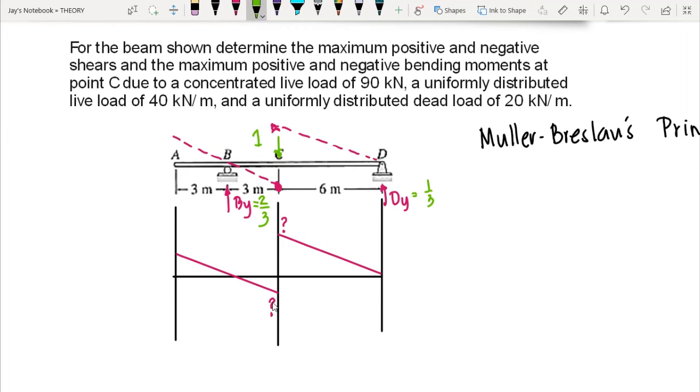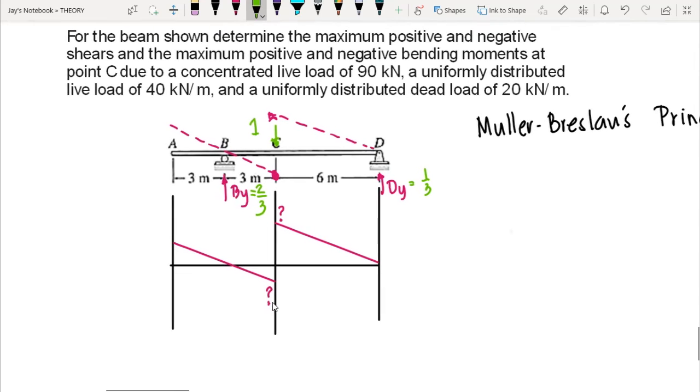Again, to determine the ordinate of point C just to the left of that location, we need to consider the free body diagram of the left. But if we want to determine the ordinate to the right side of point C, then we need to consider the free body diagram of the left side. So in this case, we have this SCR.